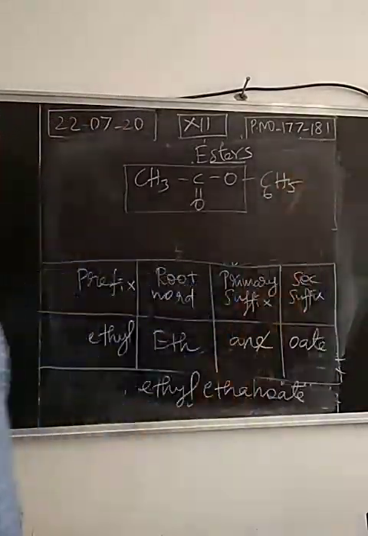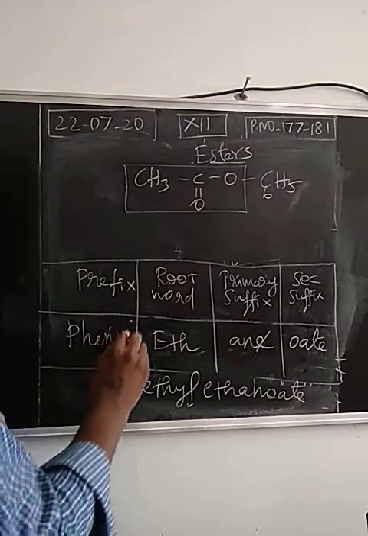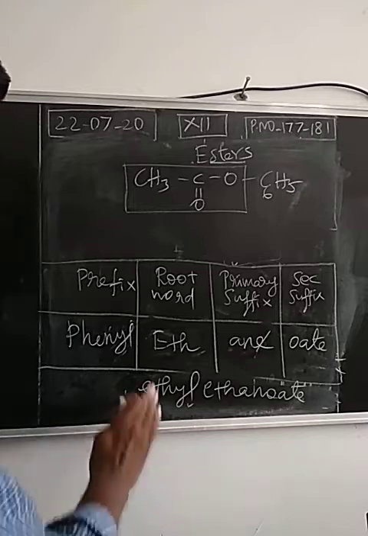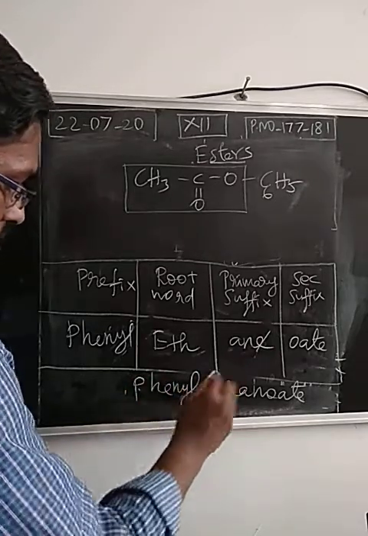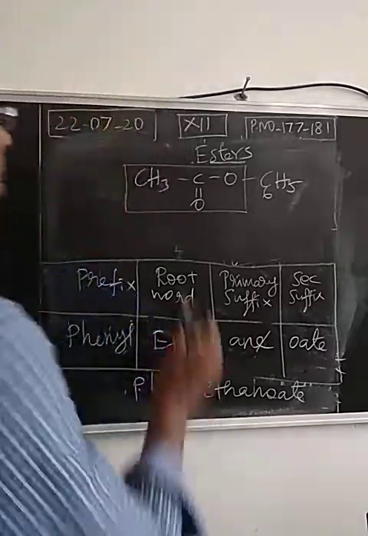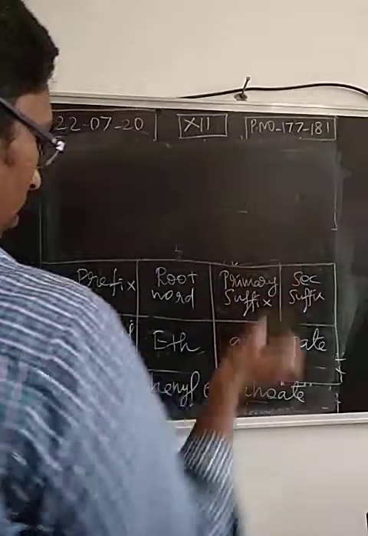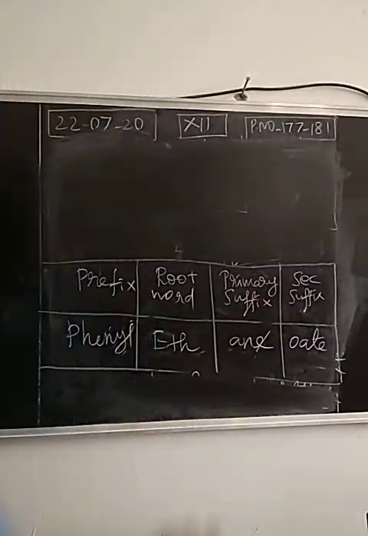C6H5 is called phenyl. So substituent phenyl, remaining same: phenyl ethanoate.